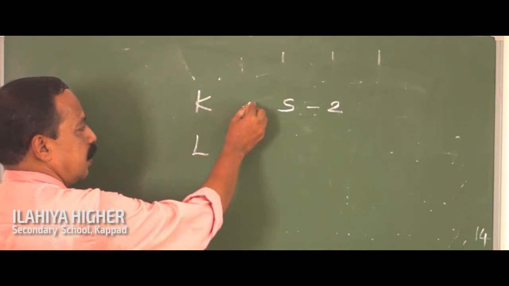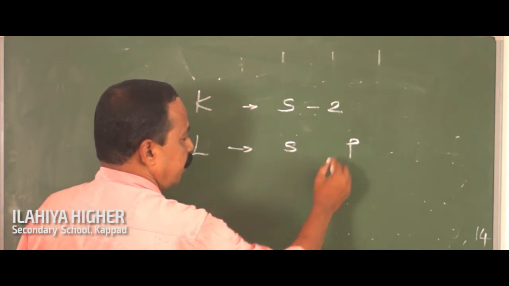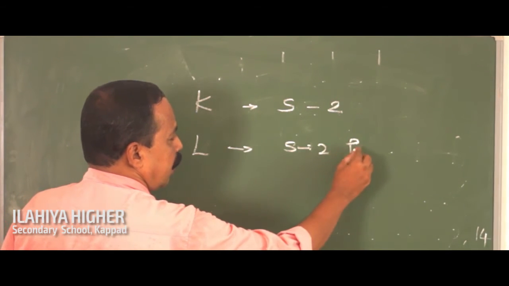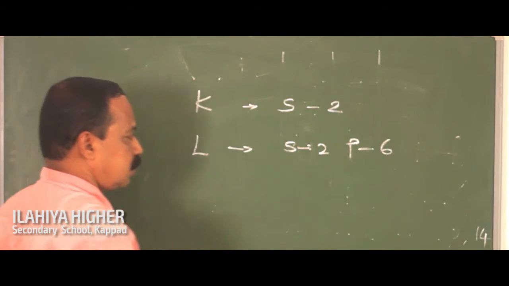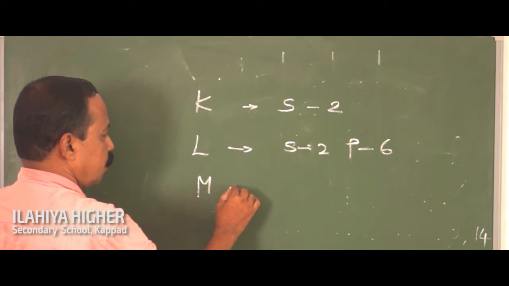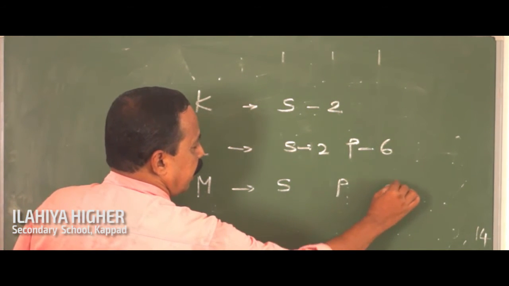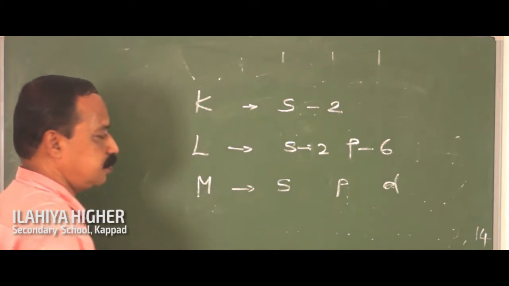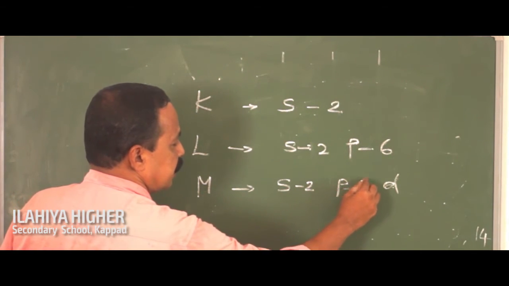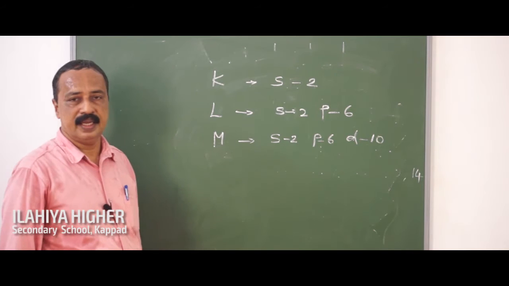L shell, subshells are S and P. S 2 electrons and P 6 electrons. The third shell, M, subshells S, P, D. S 2, P 6, D 10.